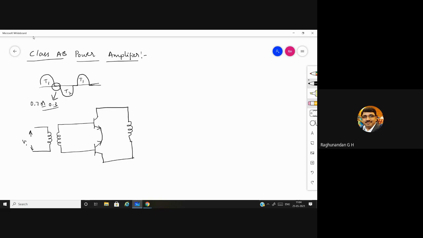Here also we are using two transformers like class B push-pull amplifier, and finally we are having the load RL. So this is the diagram which we are having for class B push-pull amplifier.